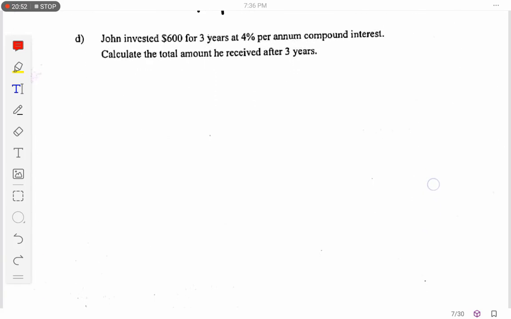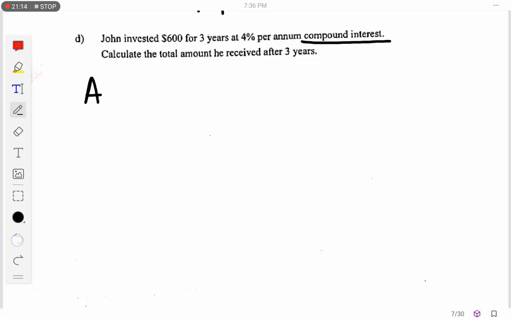John invested, so we are now told that John invested $600 for 3 years at 4% per annum compound. So this is now talking about compound interest. Calculate the total amount he received after 3 years. So for this one, we use the formula.